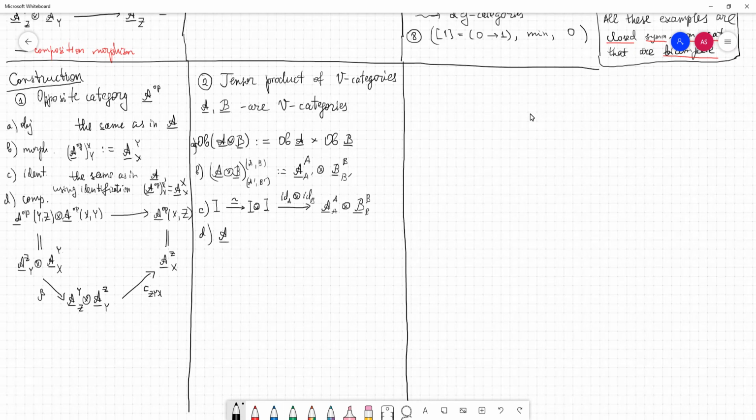So A from A prime to A double prime, tensor B from B prime to B double prime, again tensor A from A to A prime, tensor B from B to B prime.